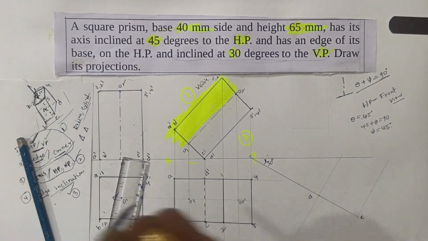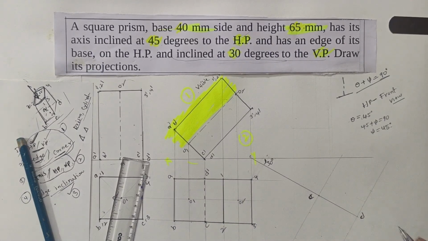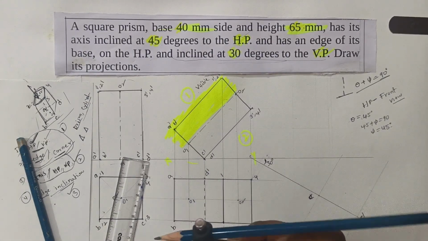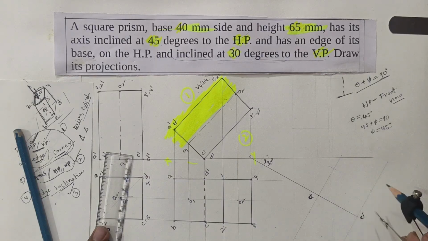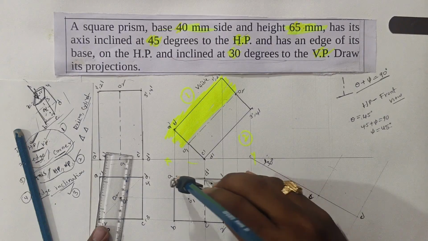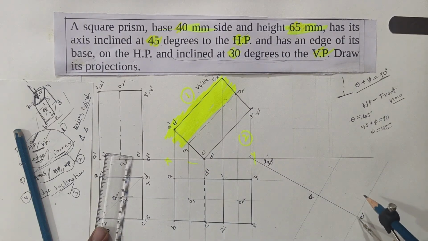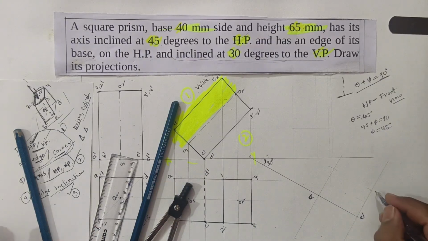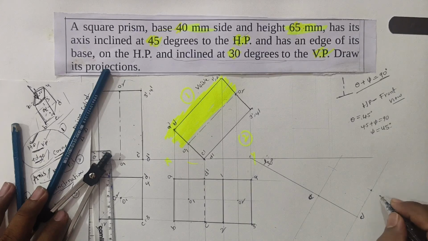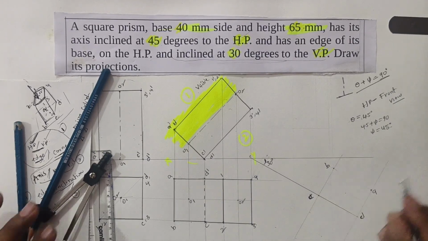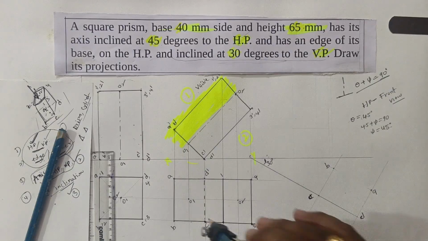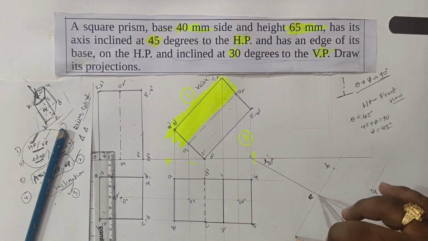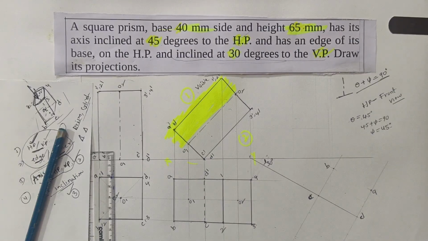So this is C, this is D. This is point A, this is point B. On the line of BC, we have 3 at this distance from C. On the other side, we have this point.